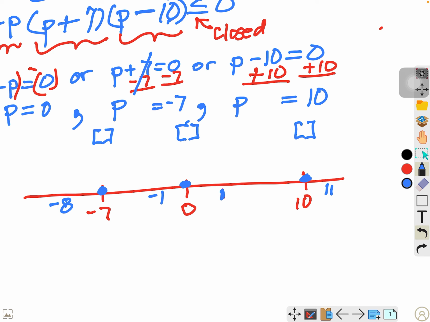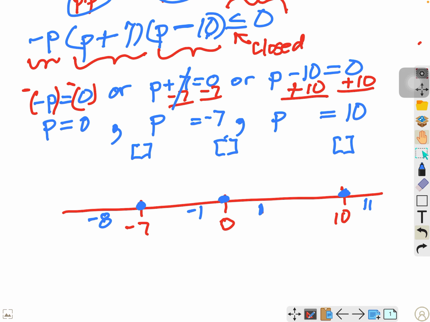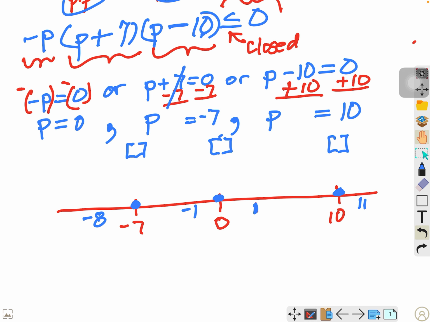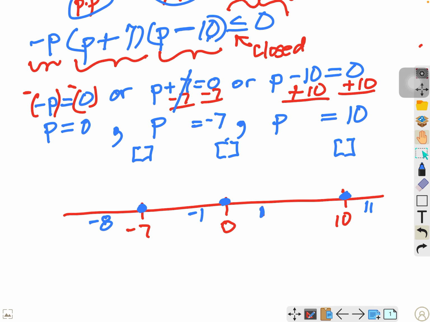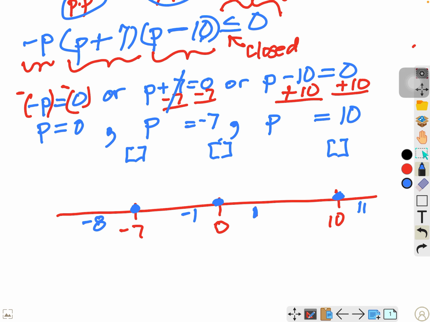So we're going to test those 4. And this time, remember what our factored inequality looks like. So this is where we are going to be plugging in our test values.